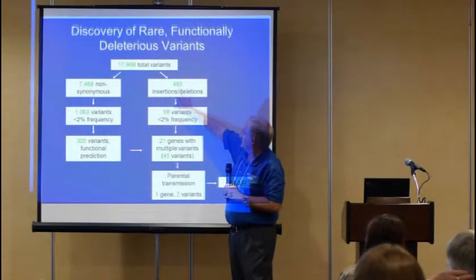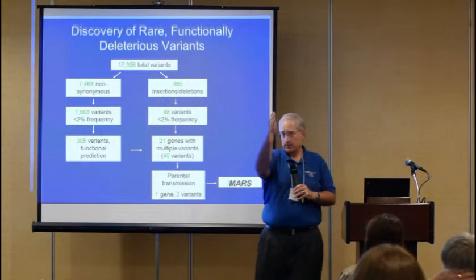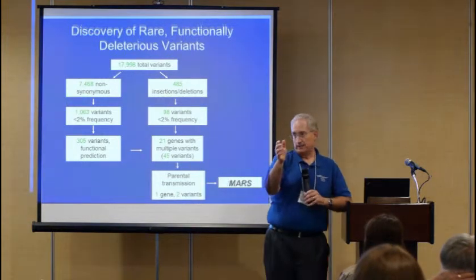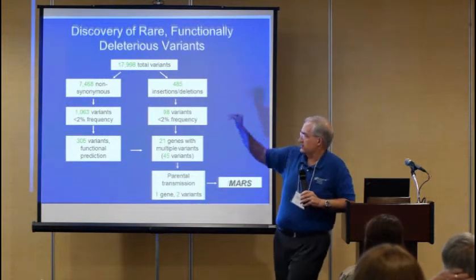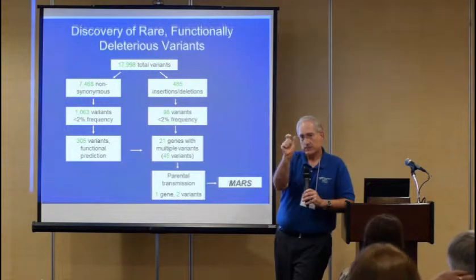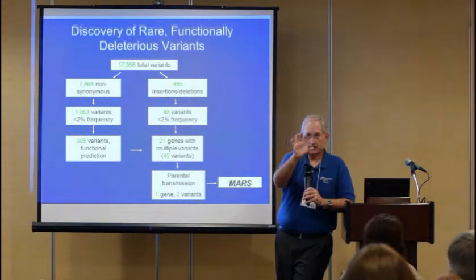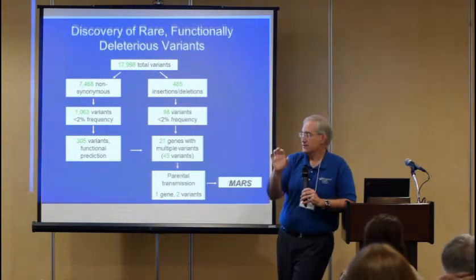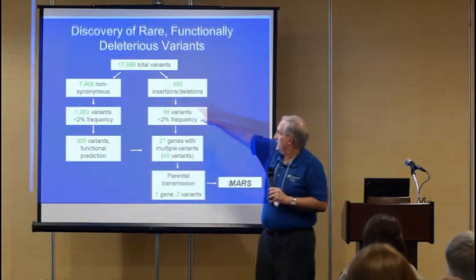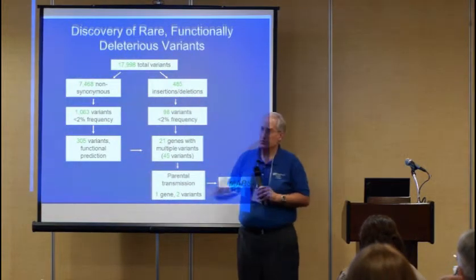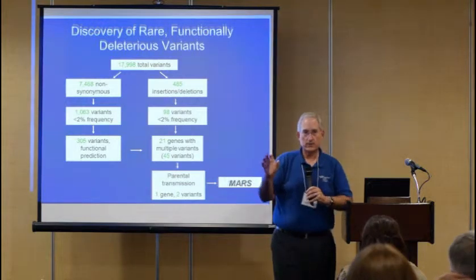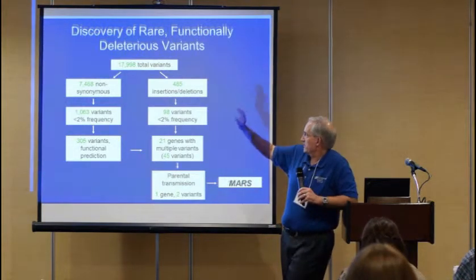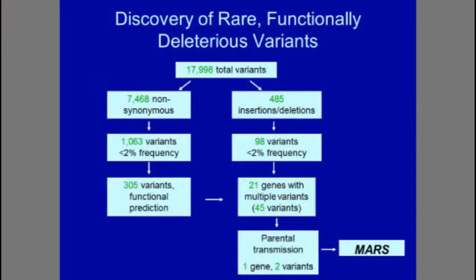We also made the assumption that anytime there was a missing piece of DNA, and the resolution of these is if you're missing 1 or 2 or 3 of these nucleotides, we still found about 500 of these insertions or deletions, missing or extra pieces of DNA.